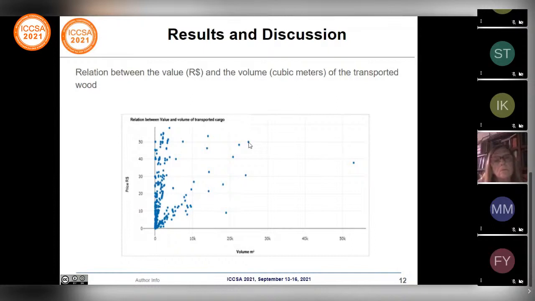From the plot, one can verify that some points holding a large volume of wood were registered at a low price, as well as small values of transported cargo with extremely high price.